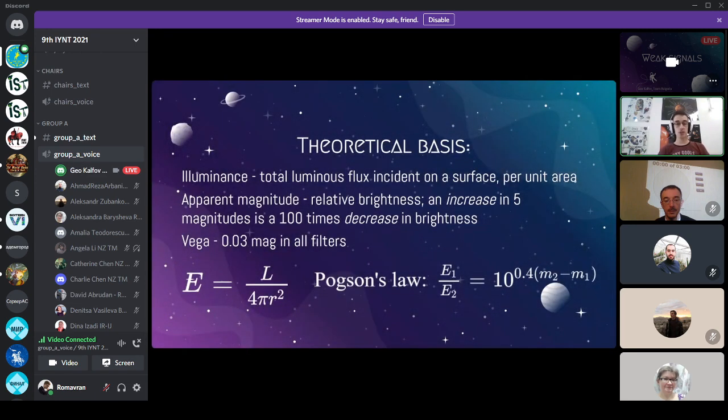For our theoretical basis, let's first define illuminance as the quantity measuring the total luminous flux incident on a surface per unit area. However, in astronomy, we use a relative measure known as the apparent magnitude, which is the relative brightness. An increase of 5 magnitudes corresponds to a 100 times decrease in brightness, and it is calculated using Pogson's law.